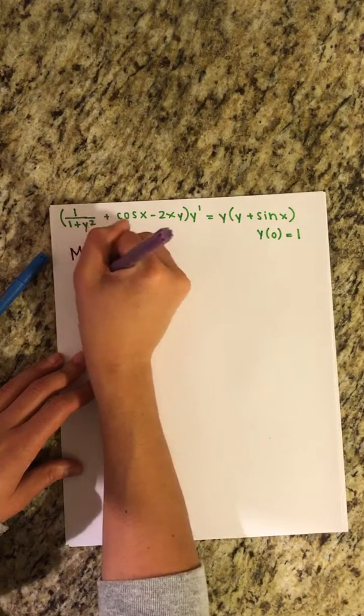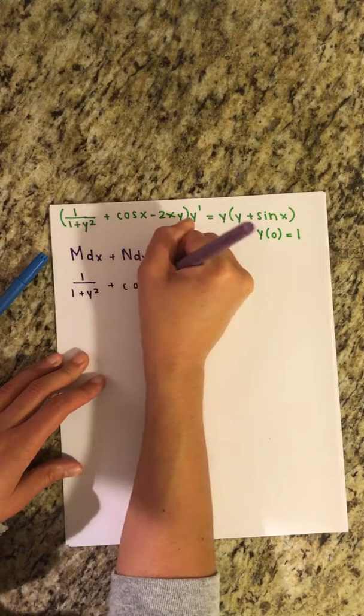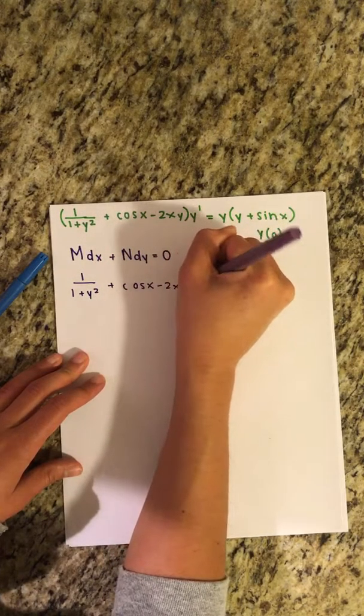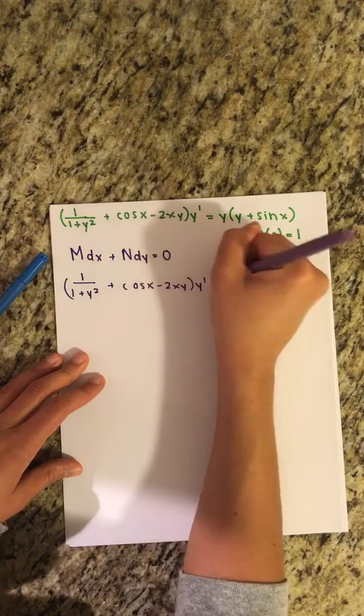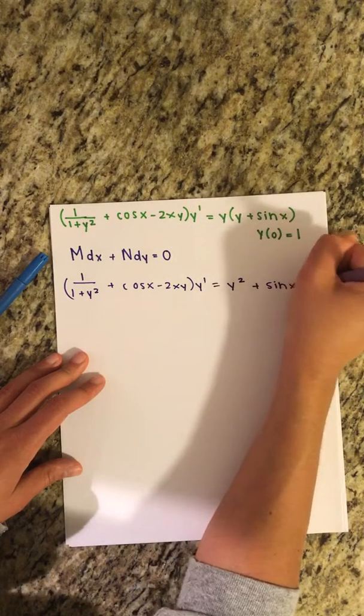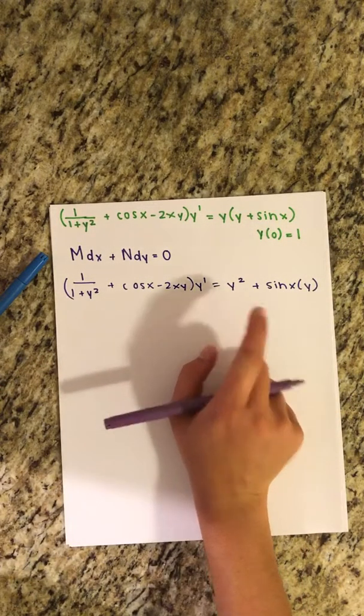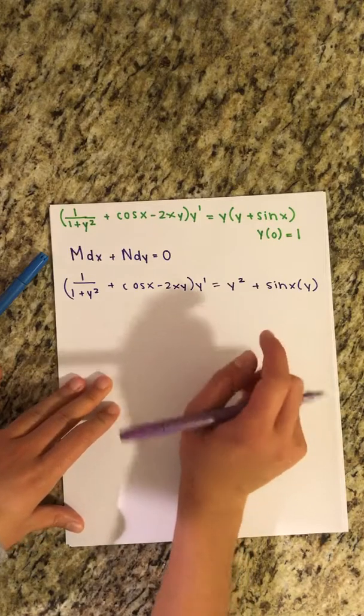So when we first factor it out, we're going to have y squared plus sine xy, and then we're going to subtract the y squared, and then we're going to subtract the sine xy.